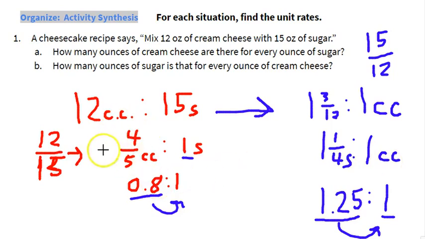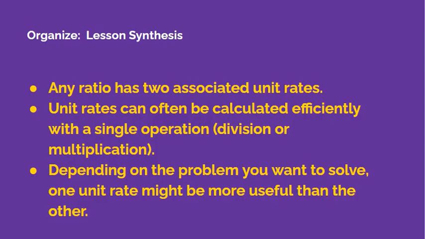Here we were talking about ounces of cream cheese per ounce of sugar. So any ratio has 2 associated unit rates, and those unit rates can be calculated efficiently with a single operation, either multiplication or division. And depending on the problem that you want to solve, one unit rate might be more useful than the other, just like we talked about before. It just depends on what you're looking for to solve with it.